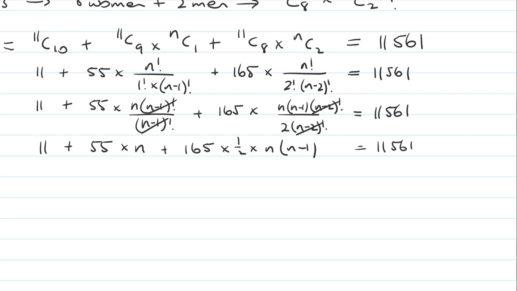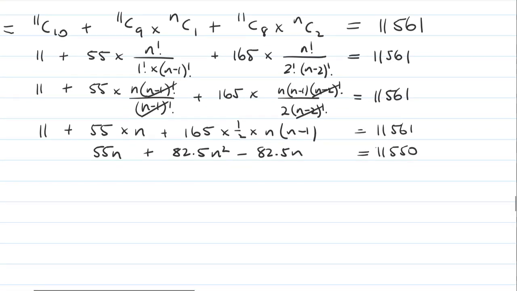The first thing I'm going to do is remove that 11, which gives me 55n plus 165 over 2, which I'm going to write down as 82.5, n squared minus 82.5n equals 11550. Now I don't like 0.5, so I'm going to double everything.